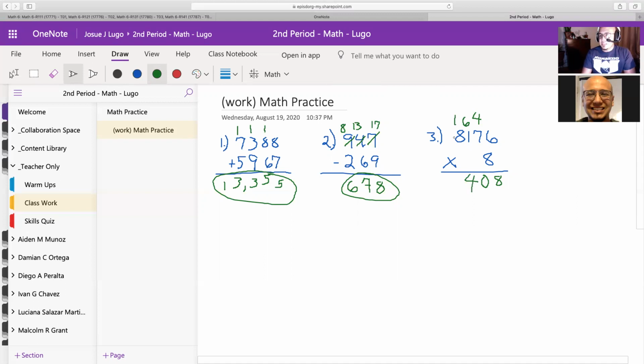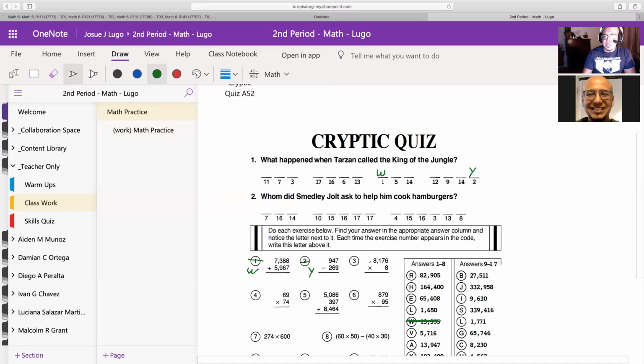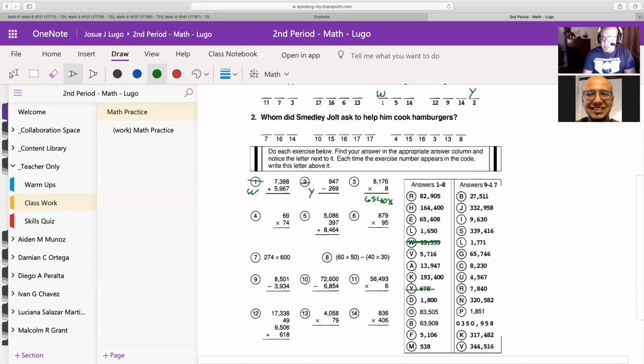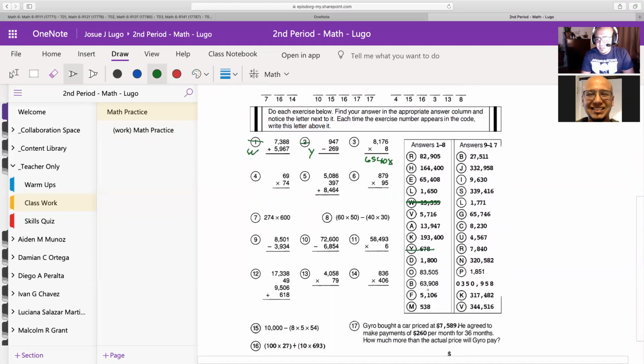And then 8 times 8 is 64 plus 1 is 65. So we have 65,408. I might even put it right here just so I don't forget it. 65,408. And so let me see if I can find that.